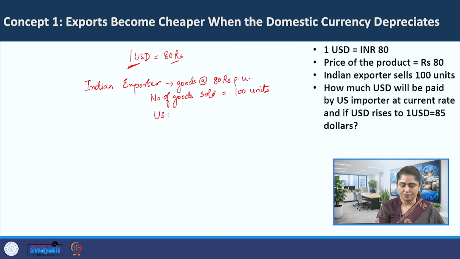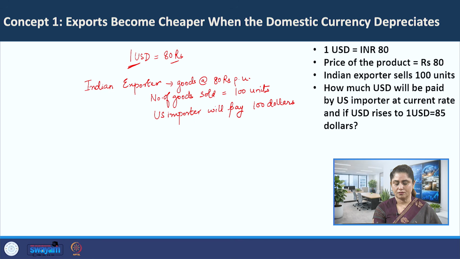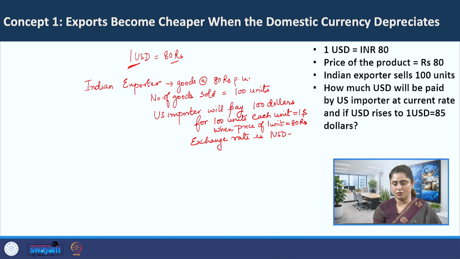The US importer will pay $100 for 100 units, because each unit is equal to $1 when the price of 1 unit is equal to 80 rupees, because the exchange rate is 1 USD equal to 80 rupees.